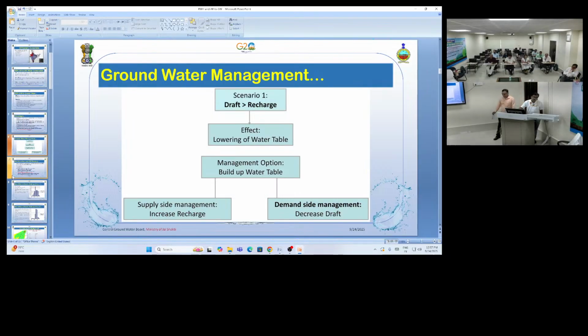In the majority of cases, demand side management is a very difficult and time-consuming process, because if the population is rising in any city or area, the issue is how we will save water. For agriculture or any purpose, nowadays we are talking about sprinkler irrigation, this way or that way, somewhere we will have to reduce. One is to look at how we will reduce the demand, and another is the intervention to recharge or to raise the water level.